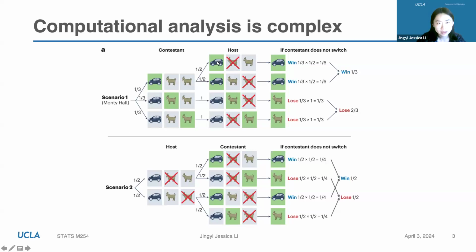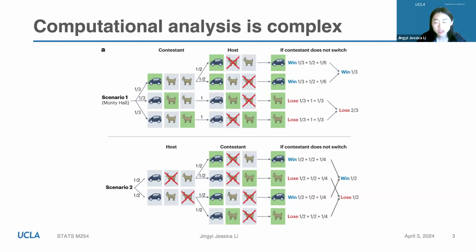The one picked by the contestant in the first round and another door. Then the contestant has a choice whether he or she wants to switch the door, swap to the other choice, or stay with the first choice. So that's the question. It became a brain teaser and became a very, very big discussion in public.